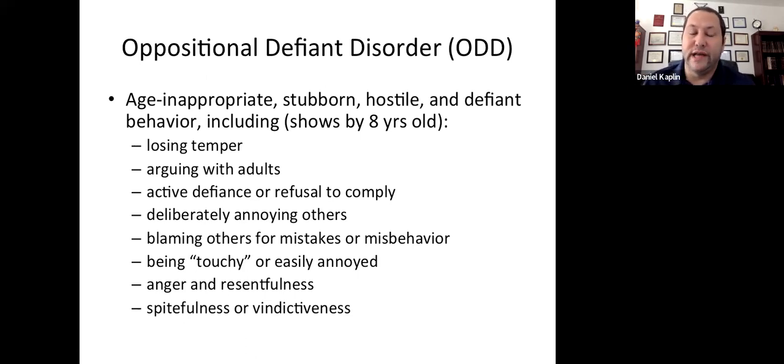So there's oftentimes losing one's temper when being told what to do, arguing with adults, whether it be one's parents or teachers or so forth, actively defying or refusing to comply with what is being asked or told, intentionally annoying other people, blaming other people for one's misbehavior, being hypersensitive to criticism and easily annoyed, having resentfulness, anger, spitefulness, and vindictiveness.